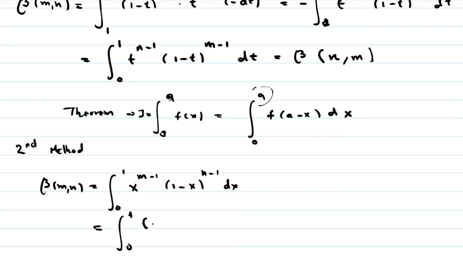So it's going to be 1 minus x raised to m minus 1, and 1 minus whatever we get here, 1 minus x, all of this raised to n minus 1 dx.